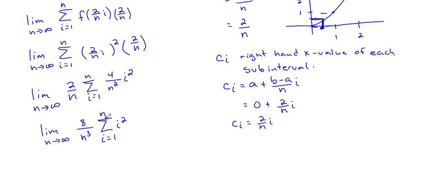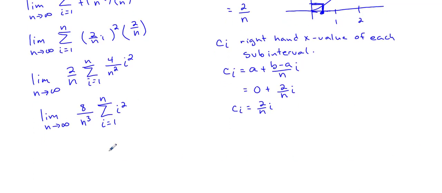And what is the sum from i equals 1 to n of i squared? What does that equal? So 8 over n cubed times, because this is a product, right?